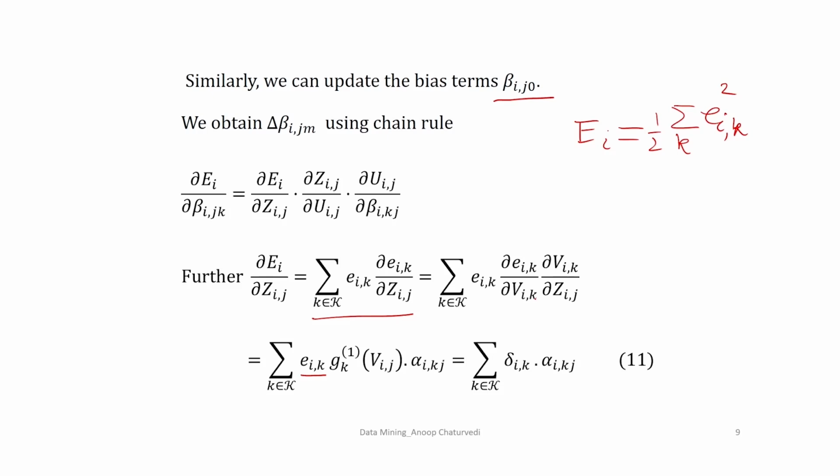The first derivative of g_k(V_ij) with respect to V_ij is denoted by g_k1(V_ij). Further, using the relation between V_ik and Z_ij, we can easily verify that when we differentiate V_ik with respect to Z_ij, we obtain alpha_ikj, and then we write it equal to summation over k delta_ik alpha_ikj.